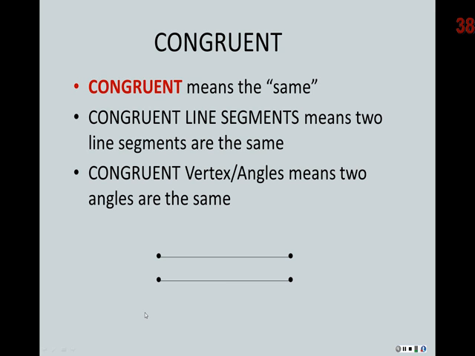Now, a lot of times when we're doing these geometry problems, you're going to come across this word, congruent. Everybody say congruent. Congruent means the same size, the same. Because sometimes in geometry, your lines are, for all practical purposes, the same.